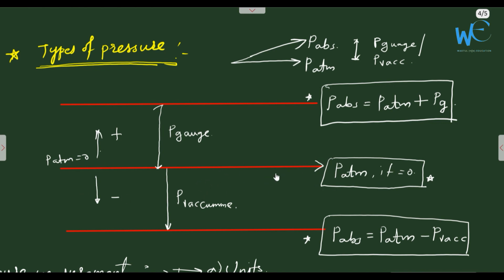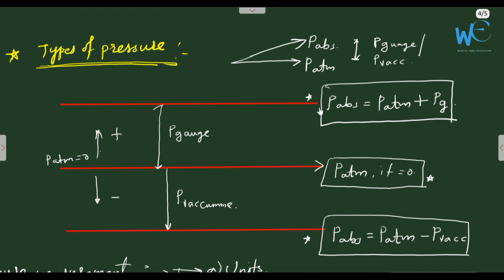If you go further above, you get some pressure, which is known as absolute pressure. Here you get absolute pressure, P absolute, and here also you get absolute pressure. But if you consider P atmosphere equal to zero, which is our middle line, then if you are going above, obviously it is positive, and if you are going downward, obviously you use negative.